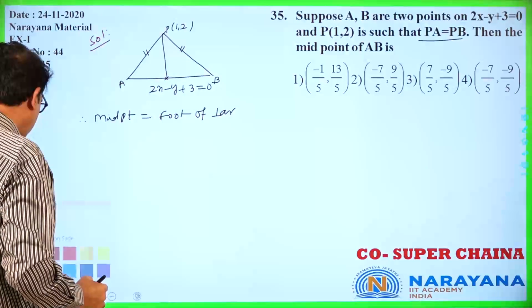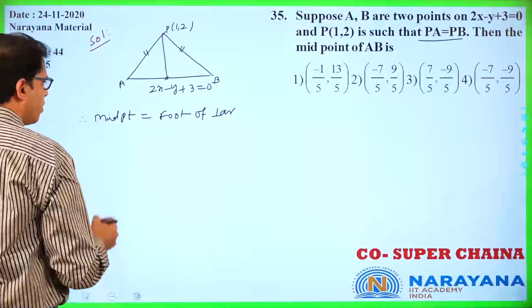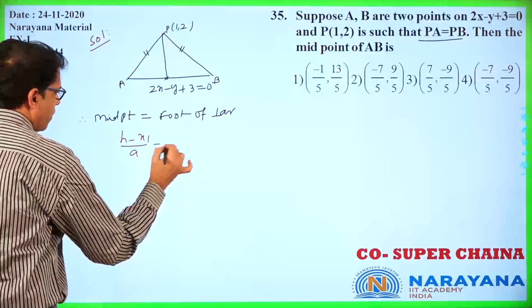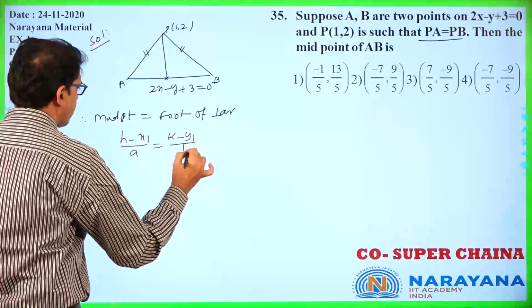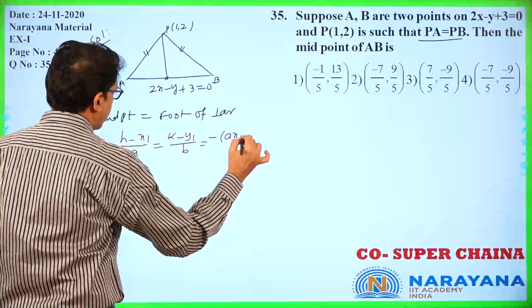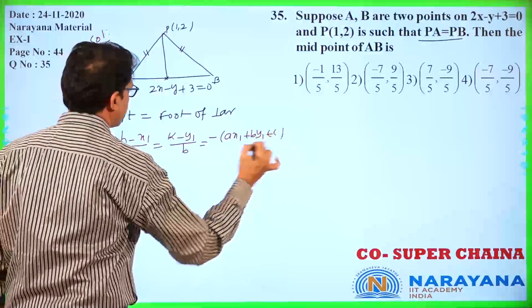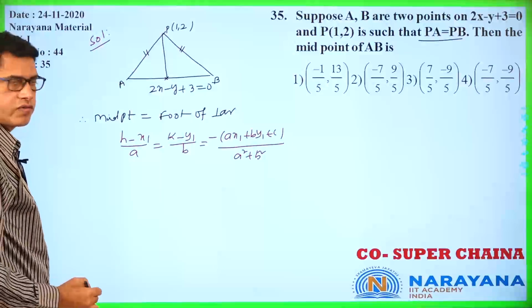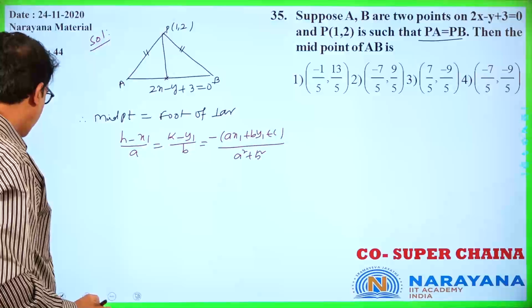What is the formula to find the foot of the perpendicular? We have the formula (h minus x1) upon a equals (k minus y1) upon b equals minus of (ax1 plus by1 plus c) upon (a square plus b square). Now apply the values.